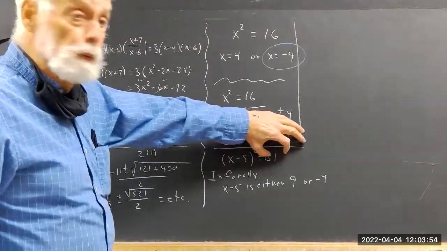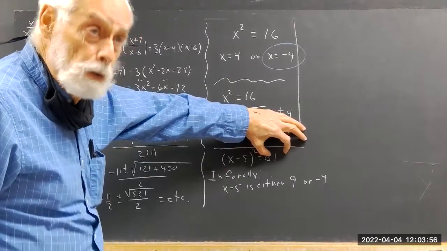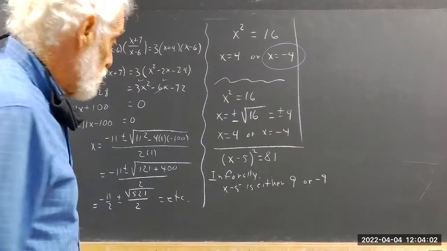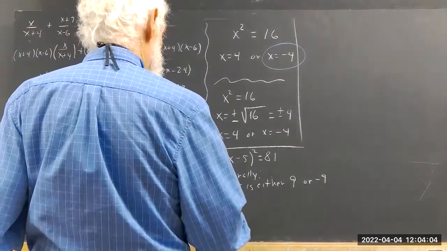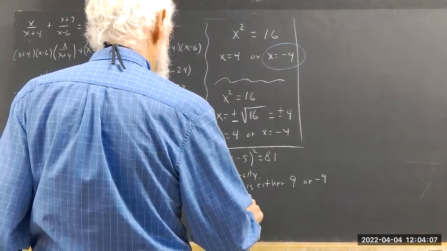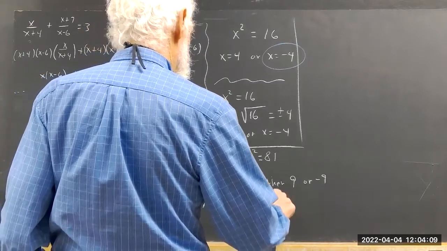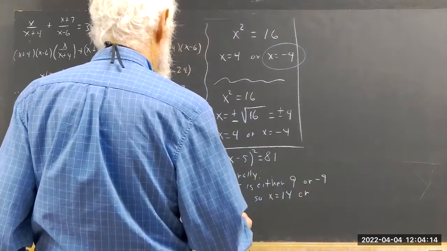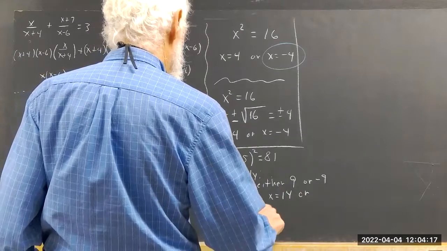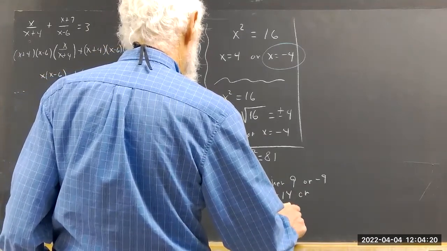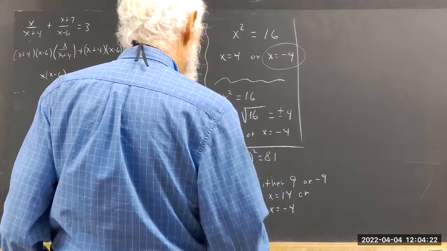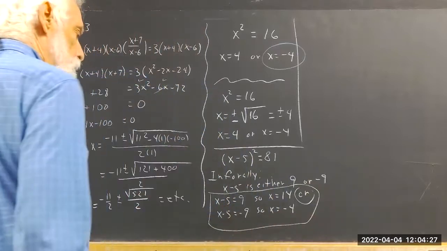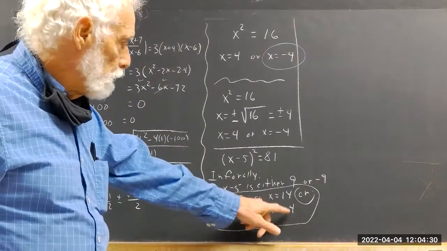Because something squared is equal to 81, that something has to either be 9 or negative 9. So I could write down, so my solutions are 14 and negative 4.